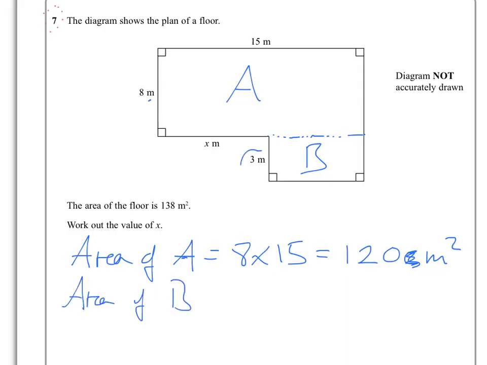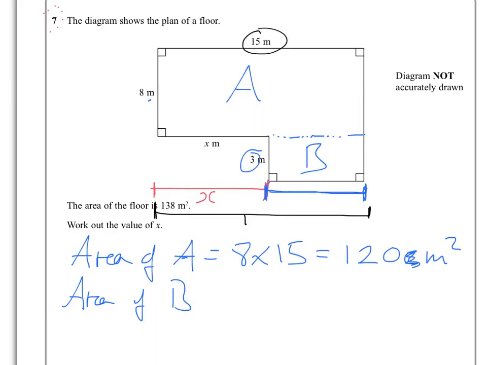Now this is 3 meters, so how long is this length here? Now this is where we start getting a bit tricky, so let's have a think about it like this. The distance I've marked on in red is x. This distance I've marked on in blue is the one that we want to find, and this distance that I'm marking on in black is the same as this 15 up here, so that's 15.